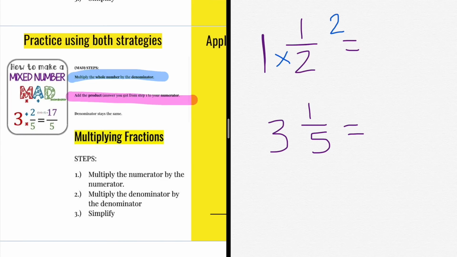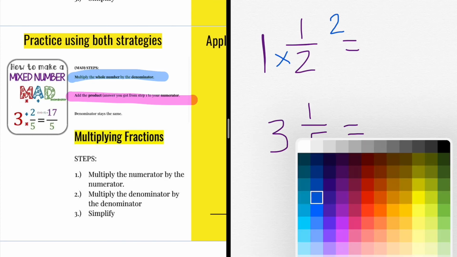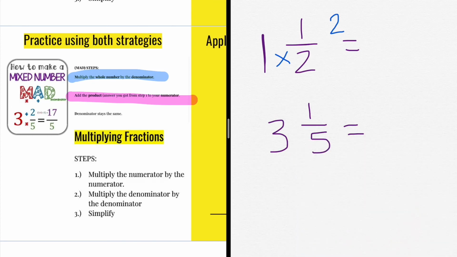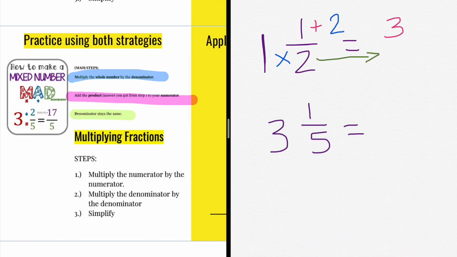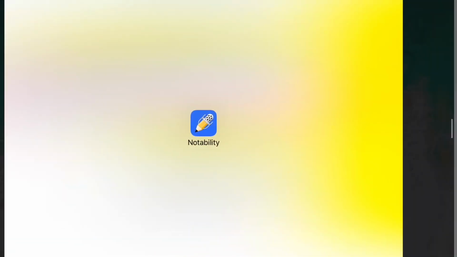I add my answer from step 1 to my numerator. And 1 plus 2 equals 3. What is the final step? That's right, bring over the denominator. So my improper fraction is 3/2.